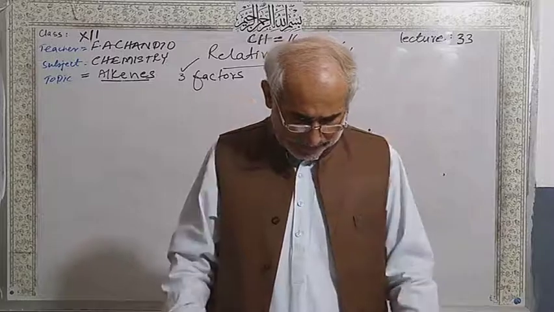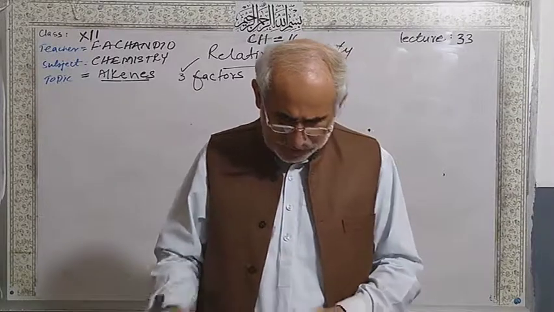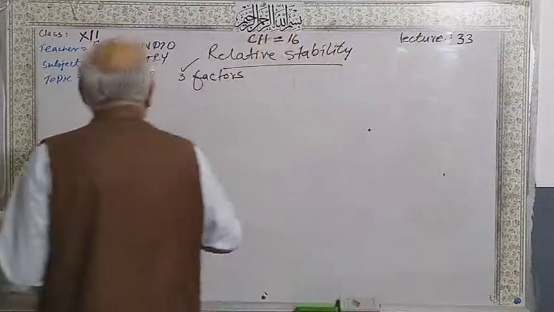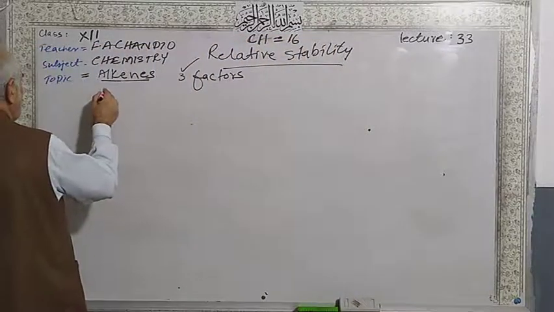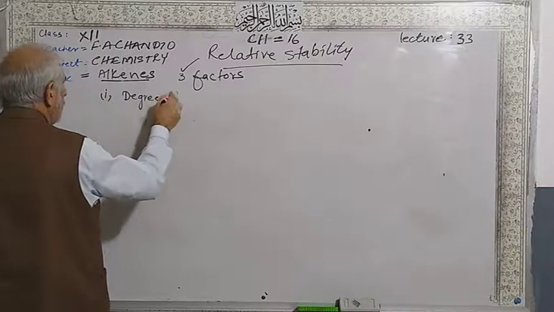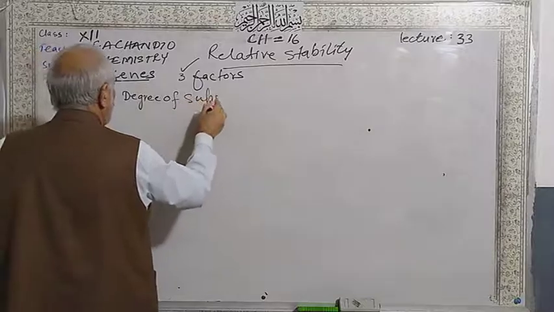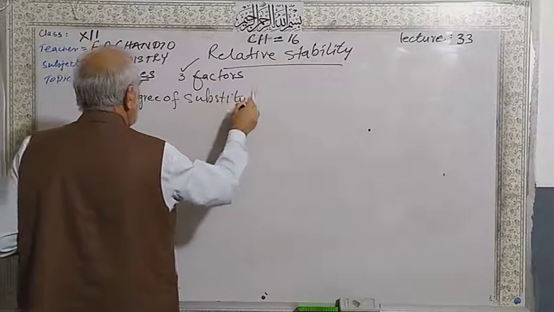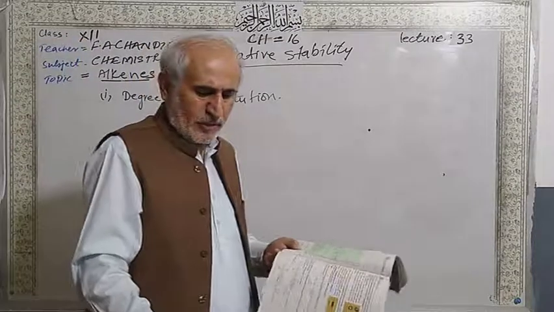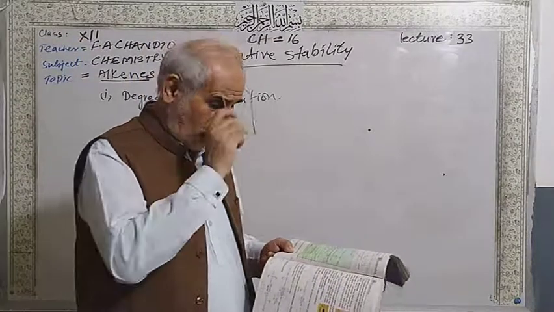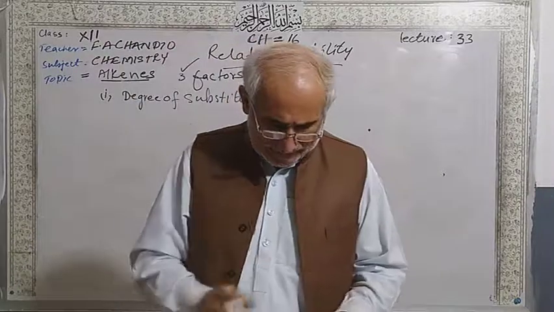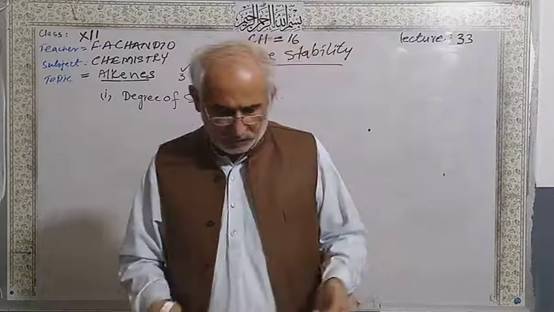Number 1, degree of substitution. More highly alkylated alkenes are more stable.